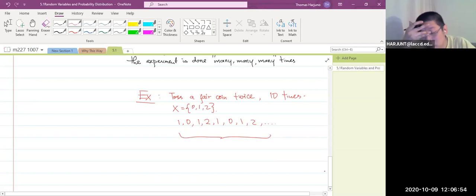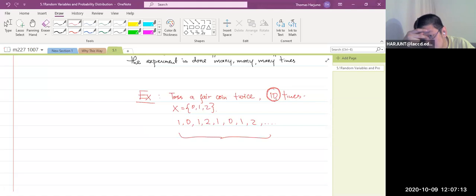Okay, but the expected value is when you toss it many times, a lot larger than this 10. Let's say, suppose you toss it 10,000 times.